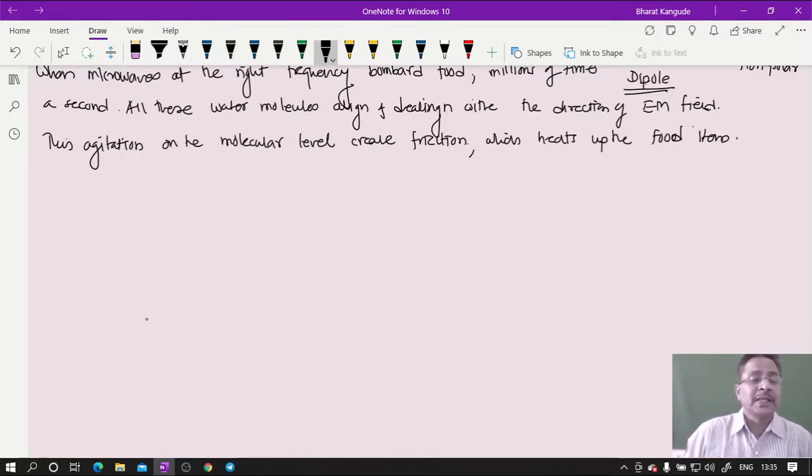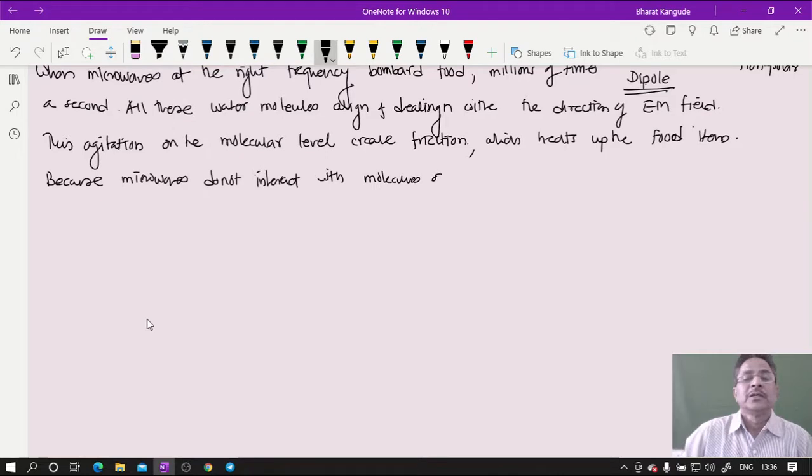Food. And then next, microwaves do not interact with molecules of glass, porcelain dishes, glass dishes, plastic or paper.